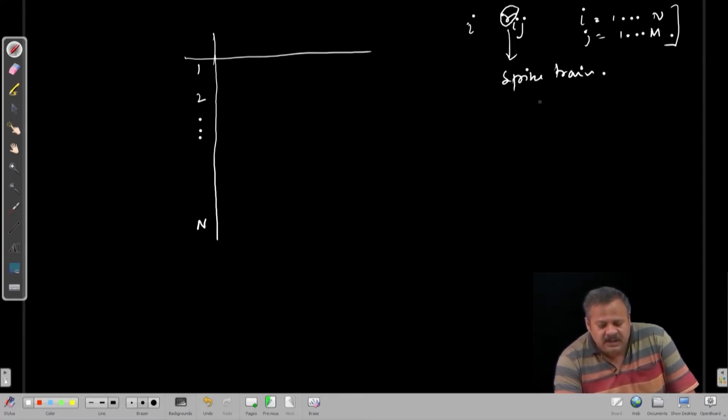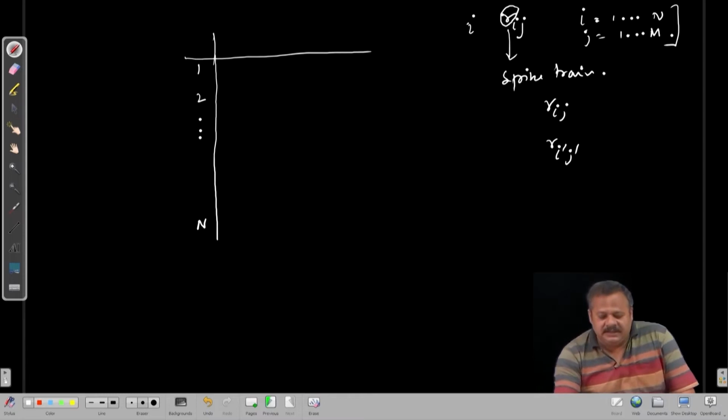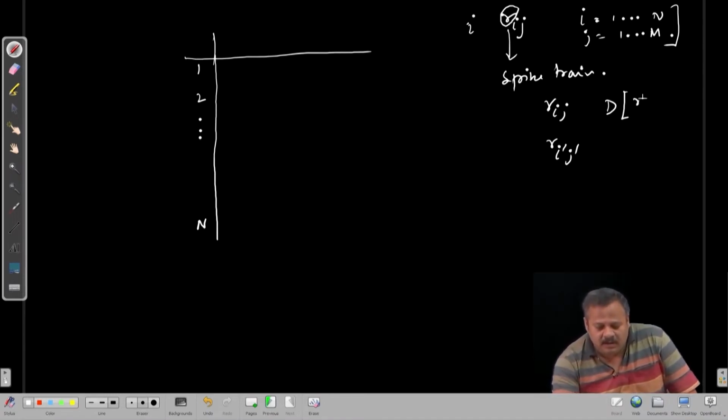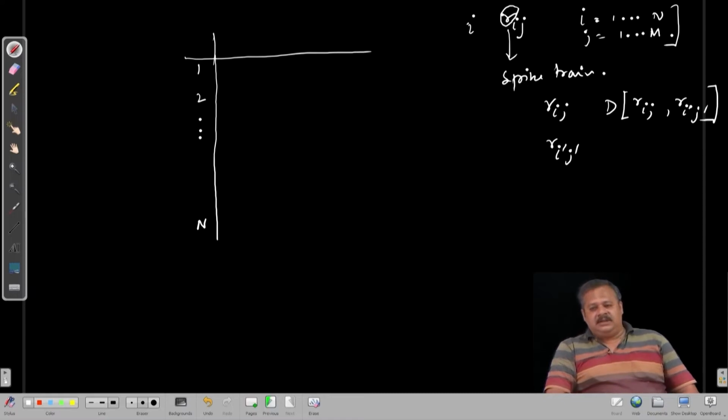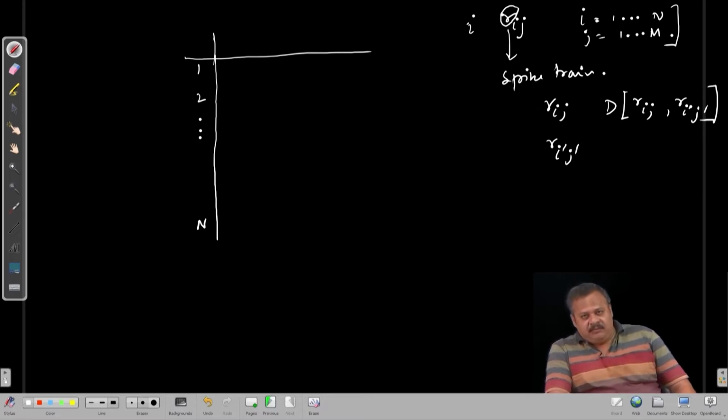and we will be quantifying the distance between pairs of spike trains, which is, let us say, R_ij and R_i'j'. Let us say d(R_ij, R_i'j') is the measure of distance between the response to the jth repetition of the ith stimulus and the j'th repetition of the i'th stimulus.